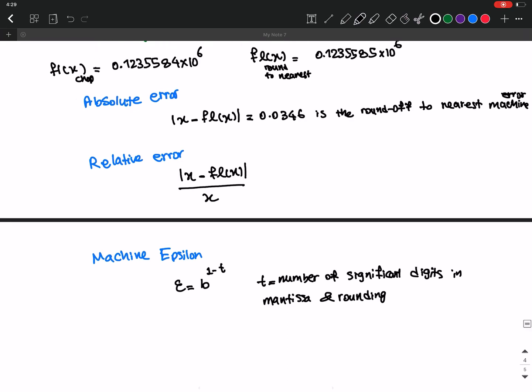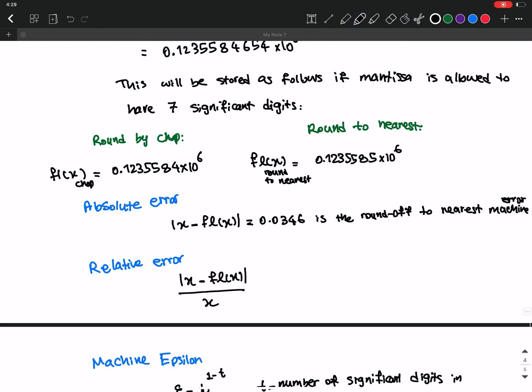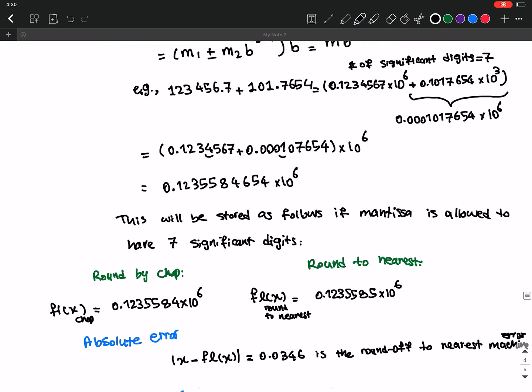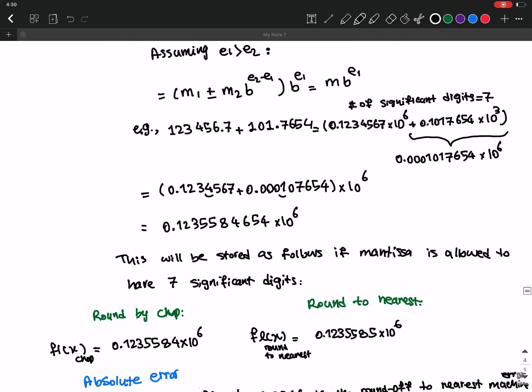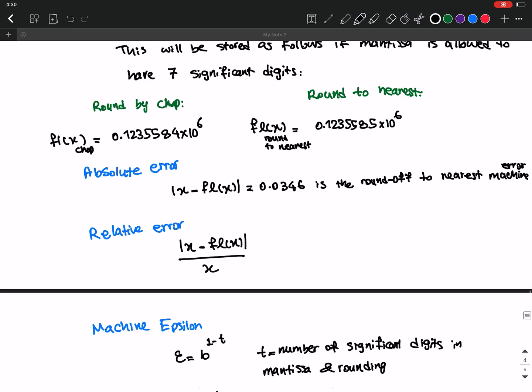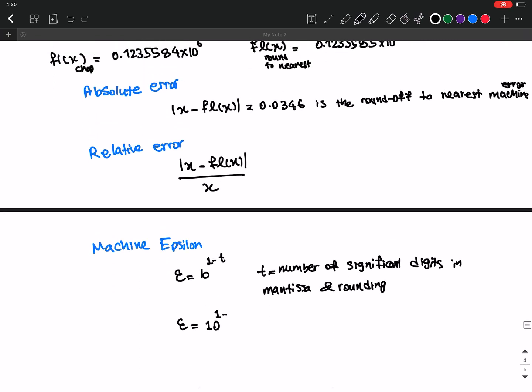Okay, so for example here, the machine epsilon for this example is gonna be 10 to the power 1 minus, what is the number of the significant digits for Mantissa? Here is going to be, for example, 7, right? So the machine epsilon is going to be 10 to the minus 6.